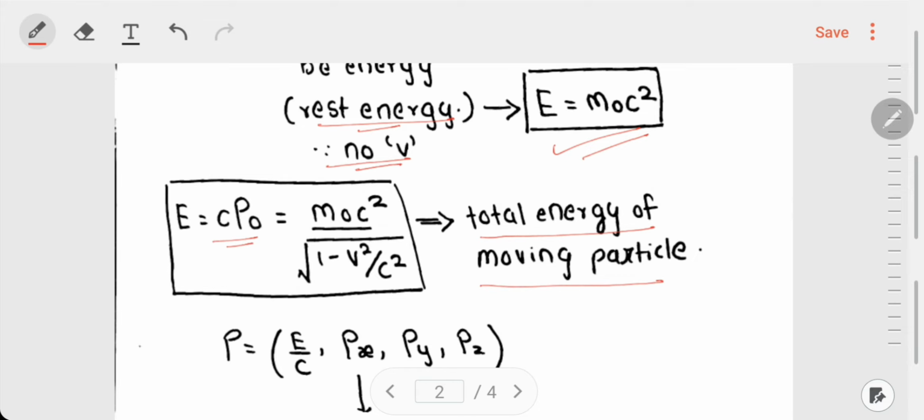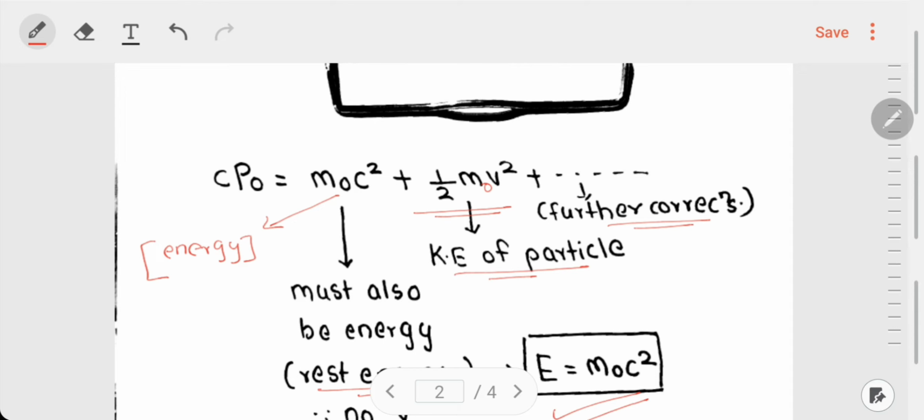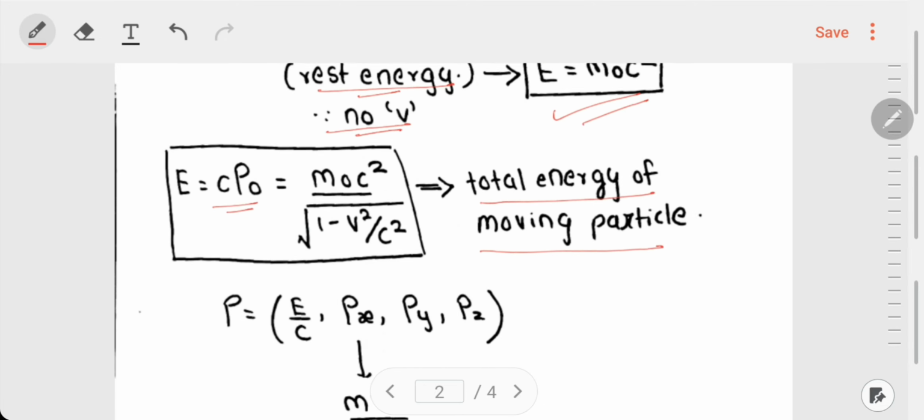So what does this total energy include? It includes the rest energy, the kinetic energy, and these higher order corrections to the kinetic energy. So in total, energy, which is the zeroth component of momentum multiplied by c, includes rest energy plus kinetic energy and the higher order corrections to kinetic energy.